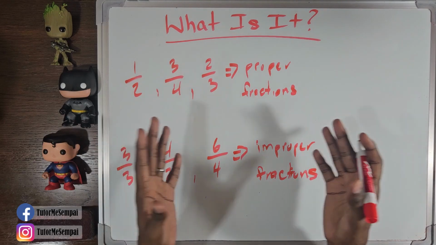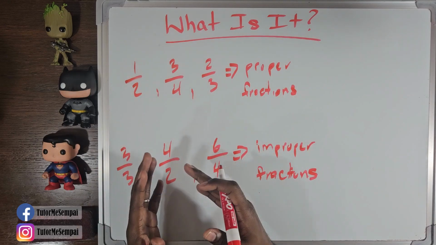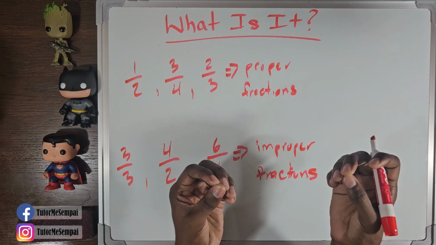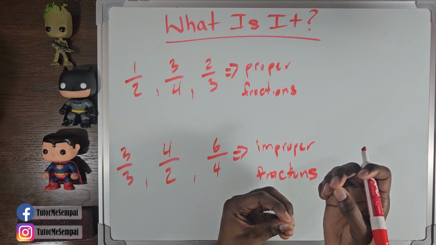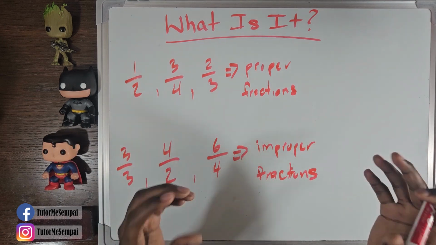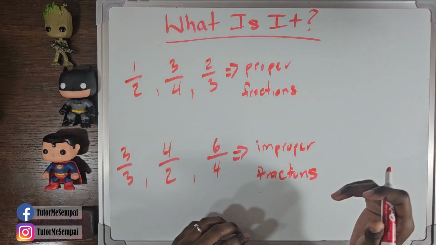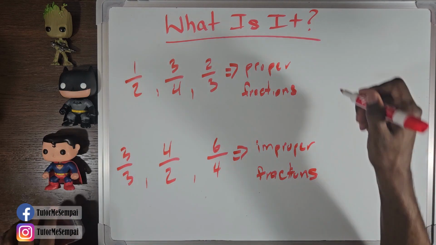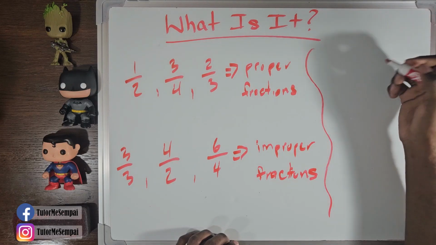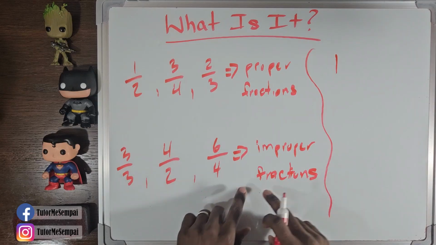Well, that's nice and all, but we still don't know how a mixed number looks. Is it going to look anything like what we have or like something completely different? You can kind of guess from the name mixed number that it's probably going to look a little bit different from what we have here. In fact, it's going to be a mixture of a whole number and a proper fraction. So a mixed number is going to be a whole number, so let's say 1, and a proper fraction, not improper.